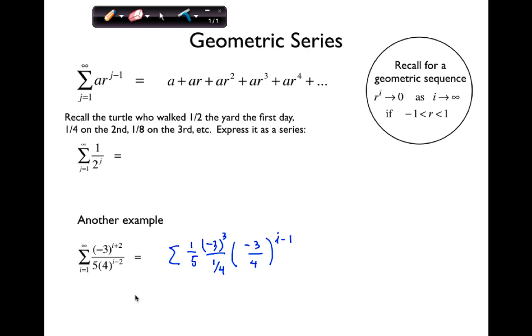Again, it goes back to just understanding what an exponent means. I need to preserve i plus 2 negative 3s and i minus 2 4s, but I need to have negative 3/4 to the i minus 1 to make it like a geometric series. So that's why I'm doing this. Therefore, now we can put together the A value.